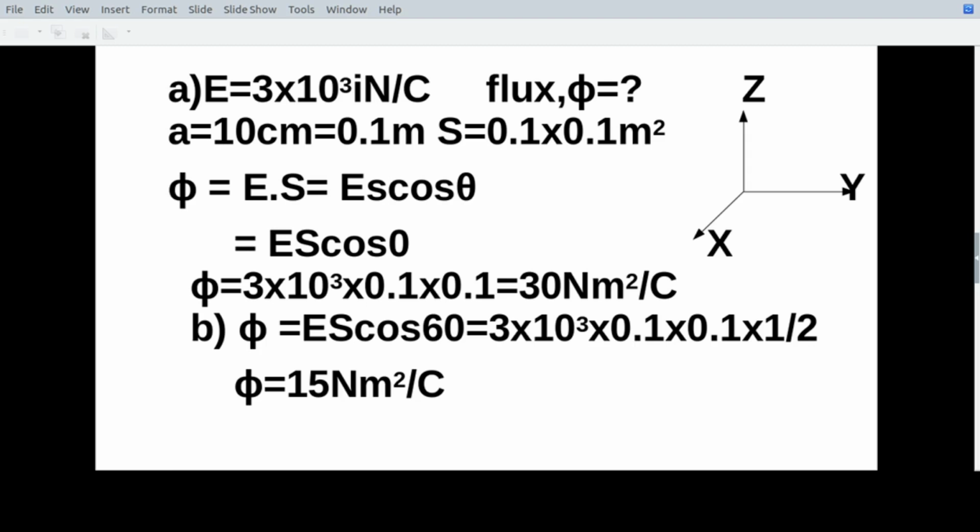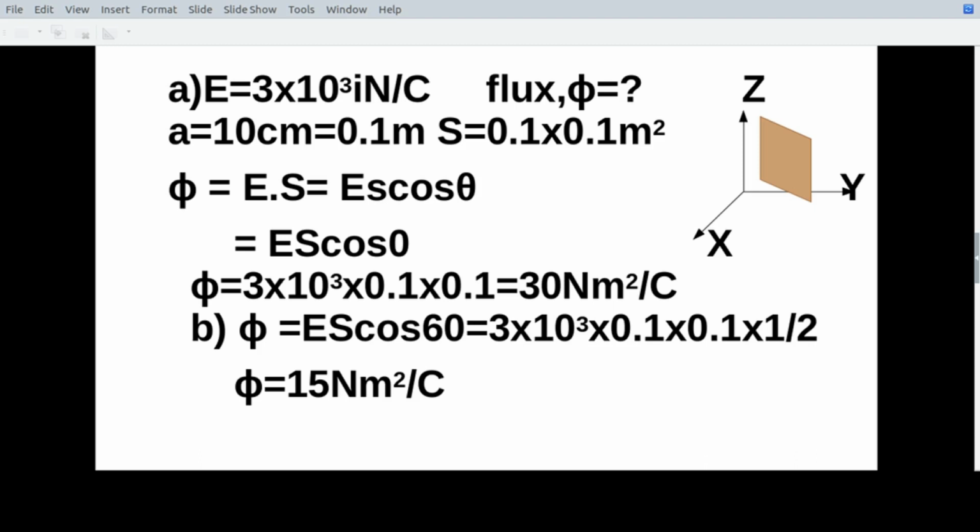Now, coming to the second part, you are given that 60 degree is the angle, okay, between the surface normal and the electric field. Electric field is again along x direction, and see how the surface is now. See the figure. The surface is now at an angle with the electric field. Now the electric field is not normal to the surface, or you can consider an angle of 60 degree between the direction of electric field and the area vector.